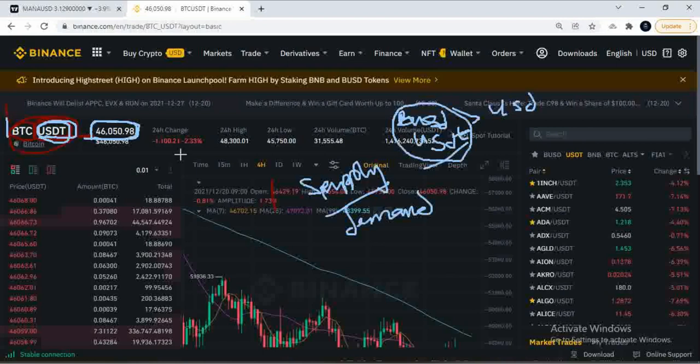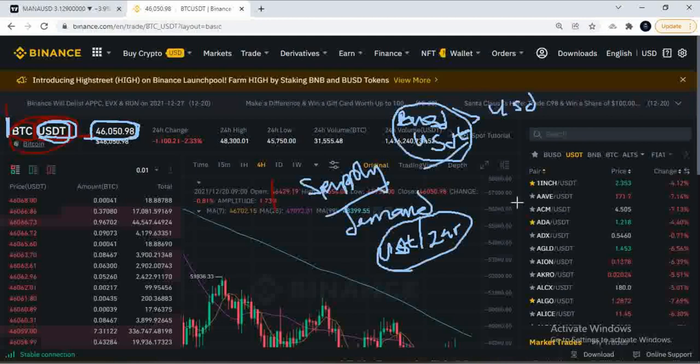We're not going to be looking at your local currency, so we can look at USDT slash ZAR for my local currency. We're not looking at this, we're going to be looking at this now. So 46,050 and 98 cents is required to buy one BTC. That's what it means.